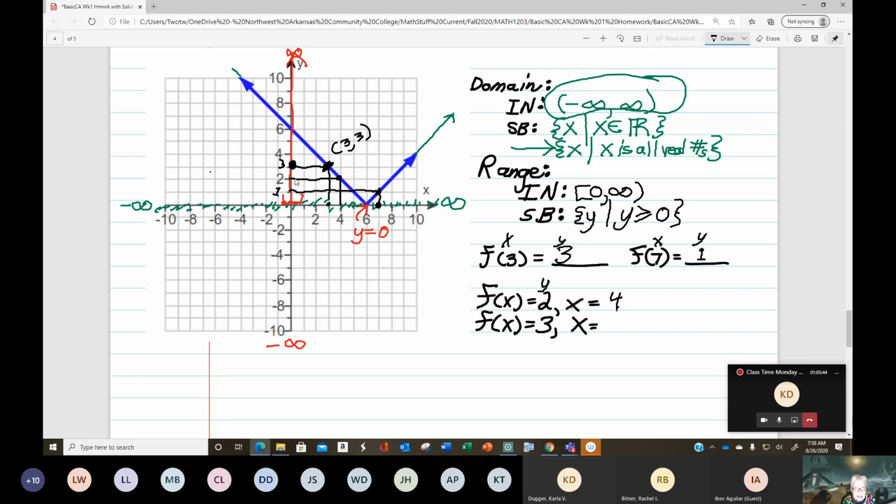But look at this. If I keep going, y is still 2, I intersect another point. My goodness. X is also 8.